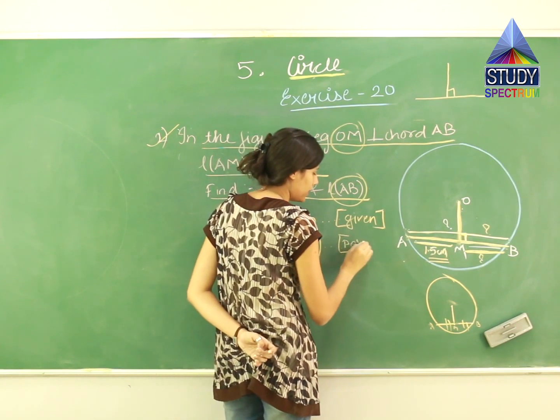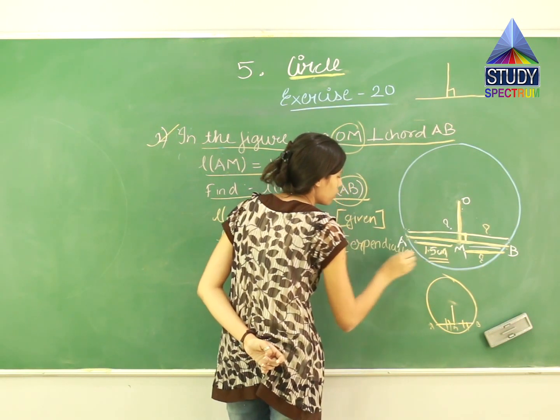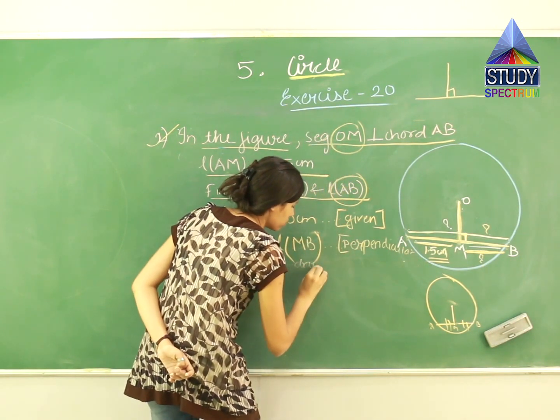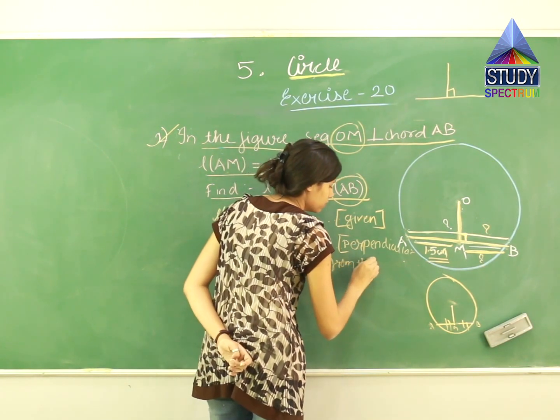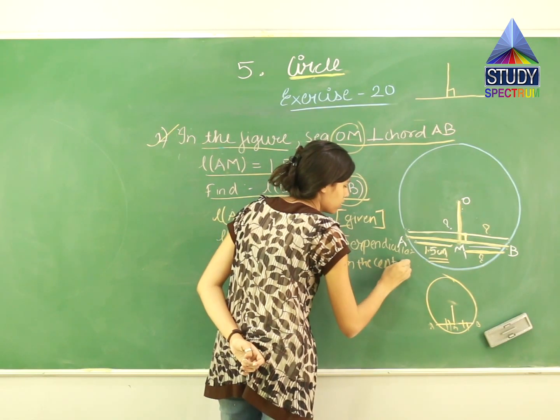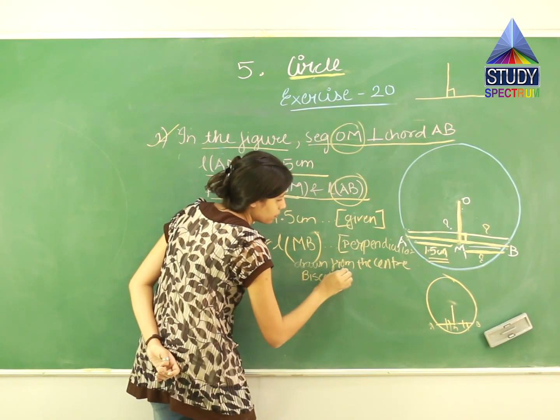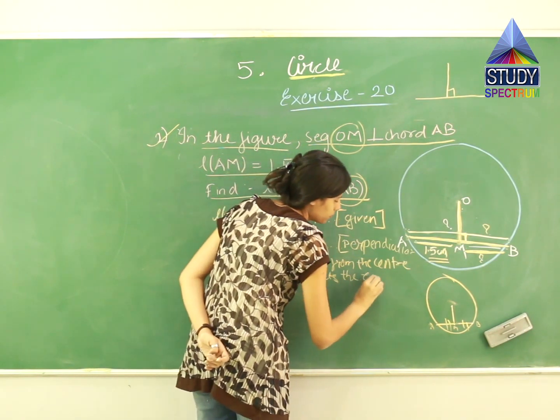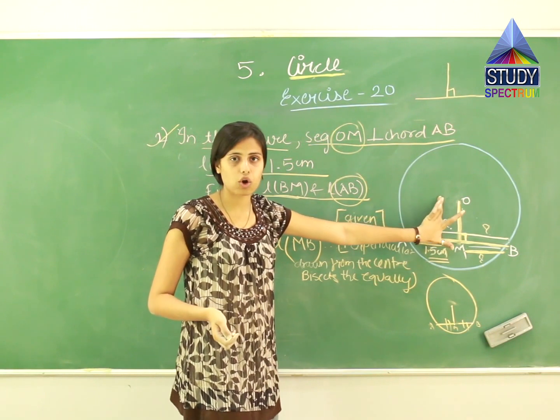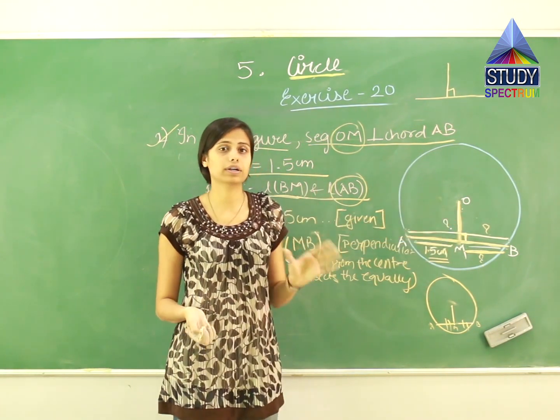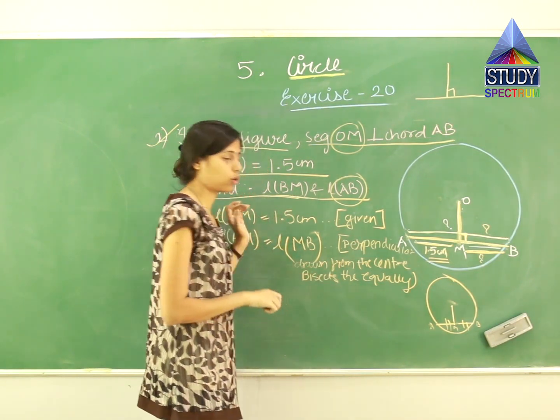So we will write perpendicular drawn from the center bisects the chord equally. मीन्स व्हाट? अगर कोई परपेंडिकुलर हम सेंटर से ड्रॉ करते हैं जो कॉर्ड को टच करता है, तो वो कॉर्ड जहां पे वो टच करता है कॉर्ड को, वो कॉर्ड को दो इक्वल हिस्सों में बांट देता है. That we have told in the reason.